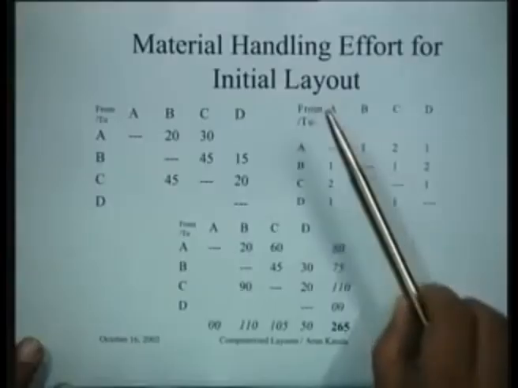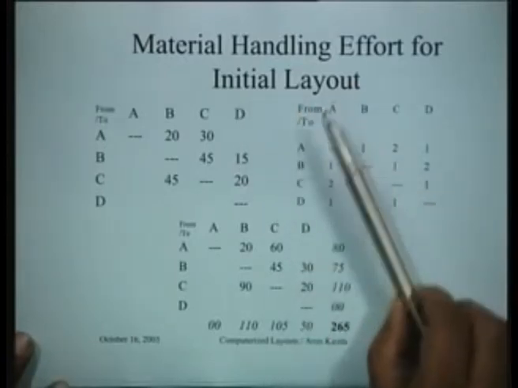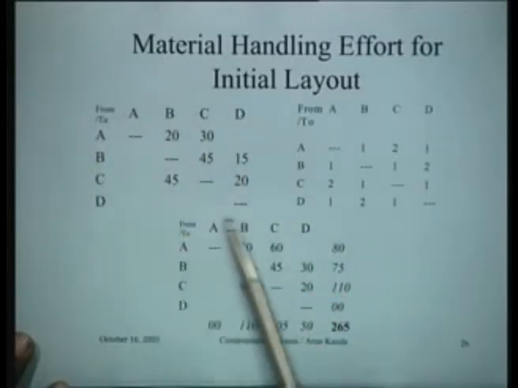Now we utilize this information pertaining to the distance matrix and we compute what is called the material handling effort for the initial layout. So for the initial layout, this is the flow matrix, this matrix that you're seeing, which we have computed.